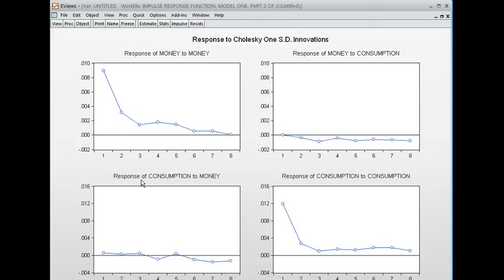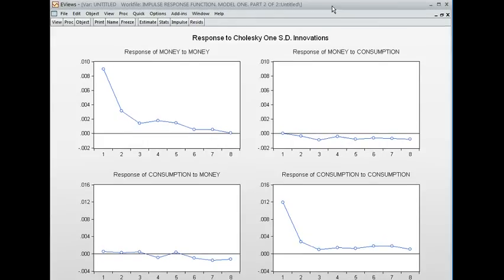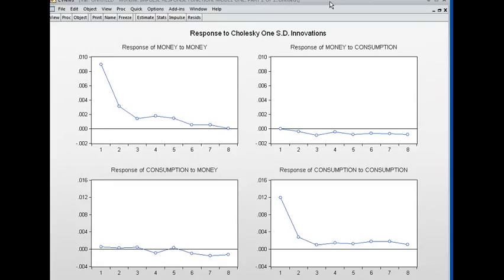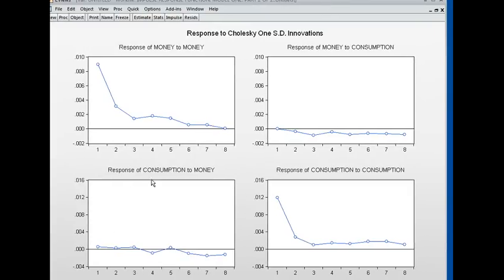And here is what? Response of consumption to money supply. Here what is happening? If I give one standard deviation positive shock to money supply, consumption will be initially positive, then after 3 months it becomes negative, again positive, then after 5 months it will be negative.